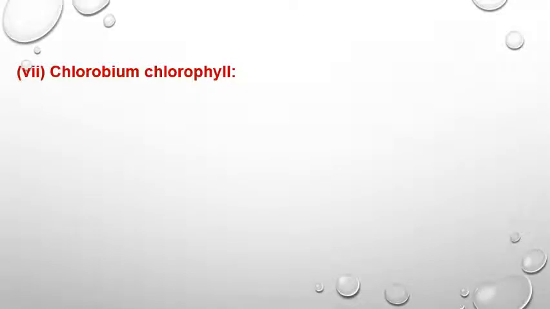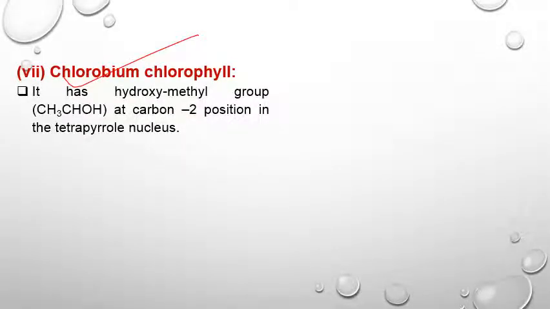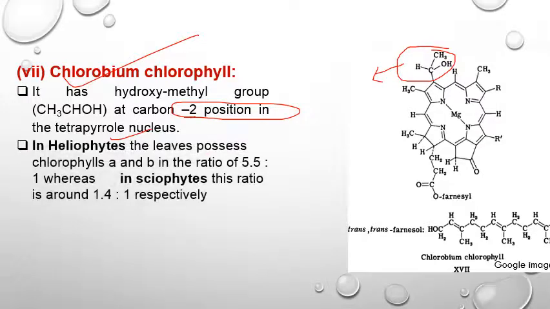The next type of chlorophyll is chlorobium chlorophyll. It has hydroxyl methyl group at the carbon number 2 in the tetrapyrrole nucleus. So this is the group which is present in case of this chlorobium chlorophyll, and it is in heliophytes.